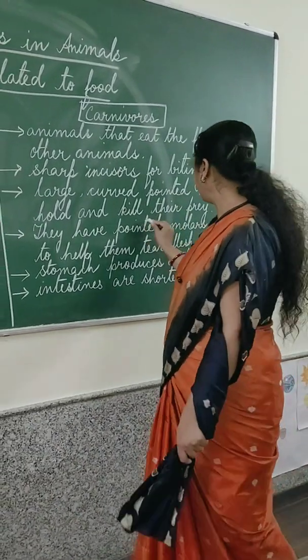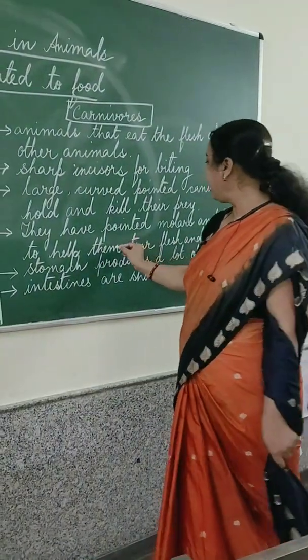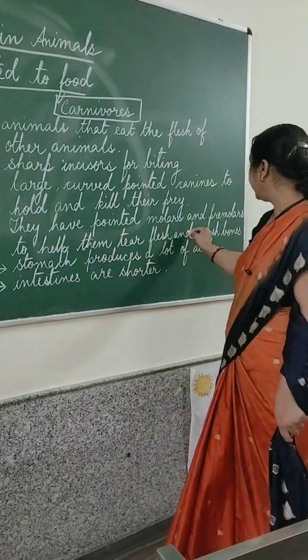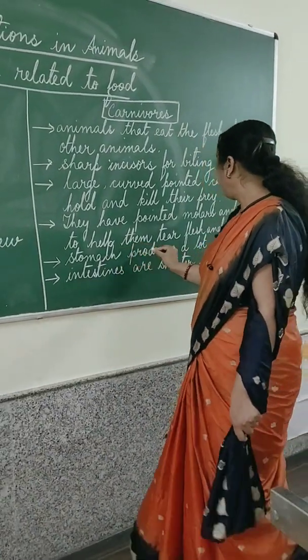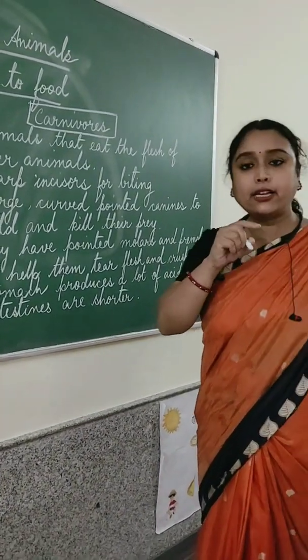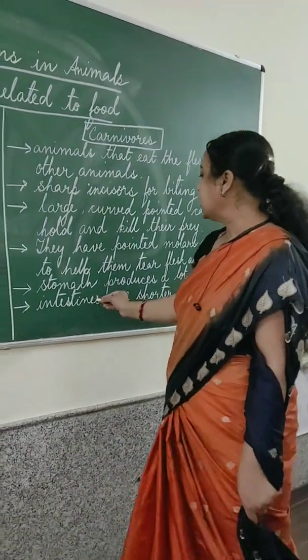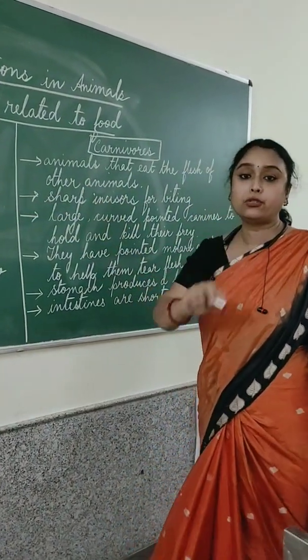They have pointed molars and premolars to help them tear flesh and crush bones. Their stomach produces a lot of acid which helps in digestion. Their intestines are shorter than those of herbivores.